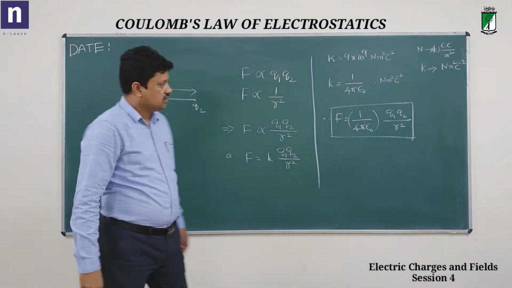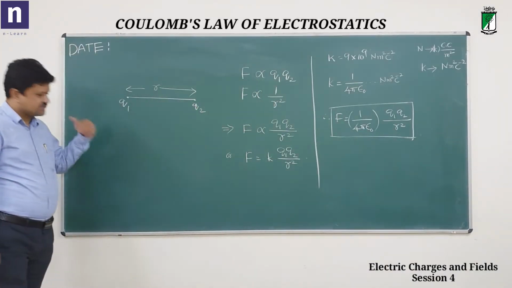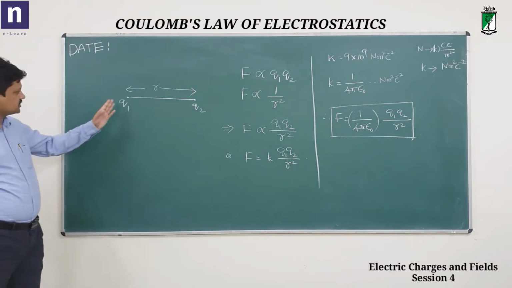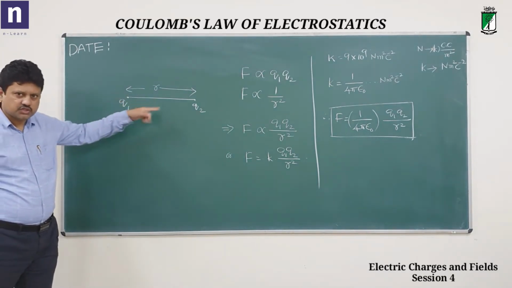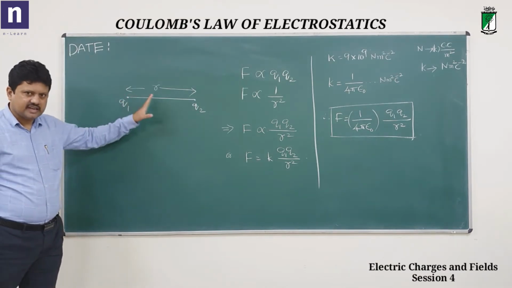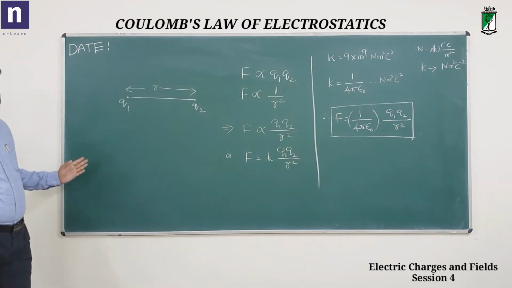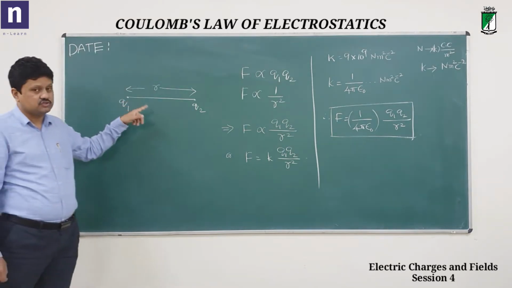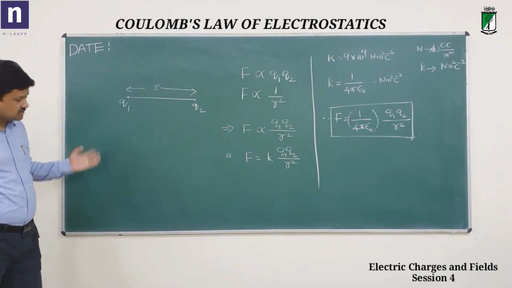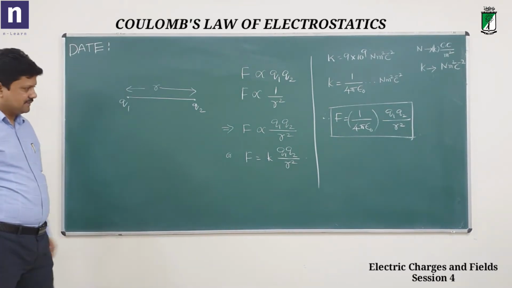So this is Coulomb's law of electrostatics. So it's very simple. Coulomb's law states that the force of attraction or repulsion between any two charges separated by a distance in air or any medium is directly proportional to the product of the magnitudes of those two charges and inversely proportional to the square of the distance between them.